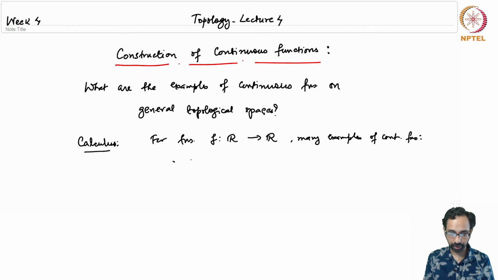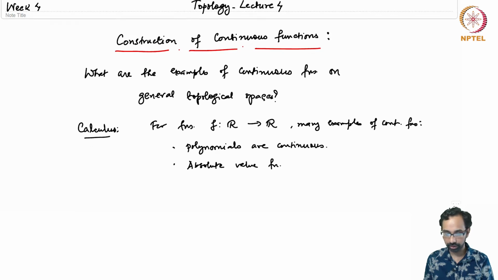For example, any polynomial is a continuous function. Polynomials are continuous. For example, the absolute value function is continuous.